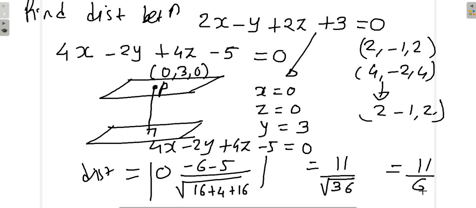Let me just check the answer. Yes, the answer is 11 upon 6.